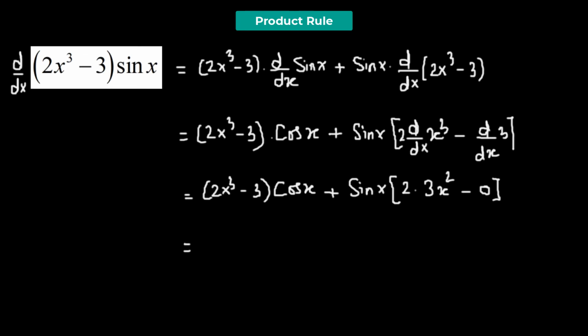So that will give us 2x cubed minus 3 times cosine of x plus 2 times 3x squared, which is 6x squared times sine of x. So this is the derivative of the given function. Let's move on to the next question.